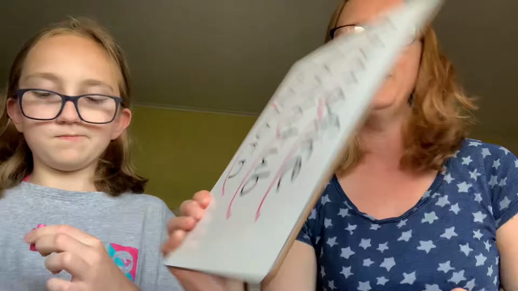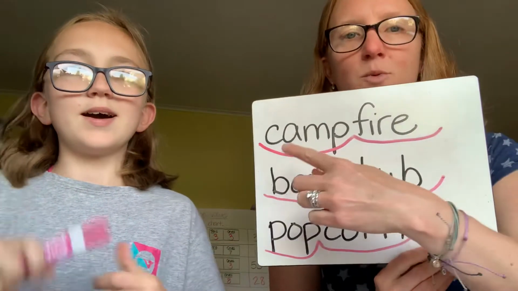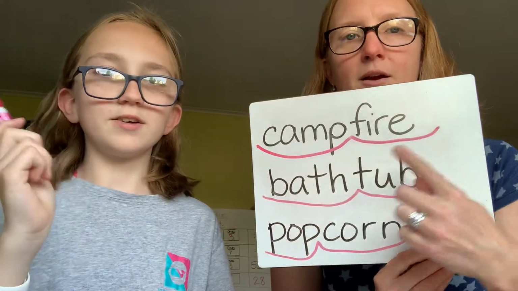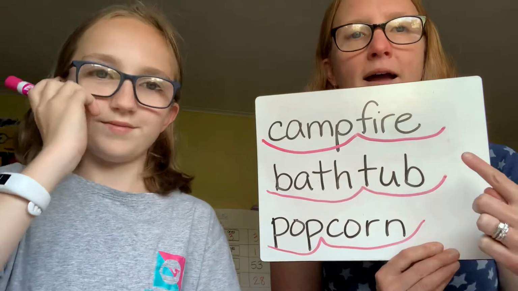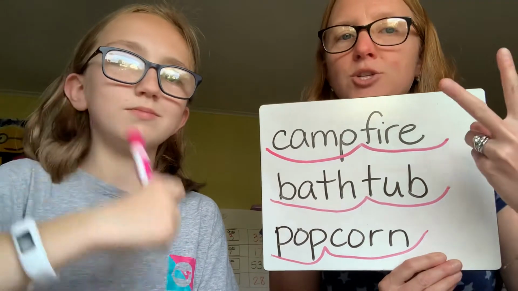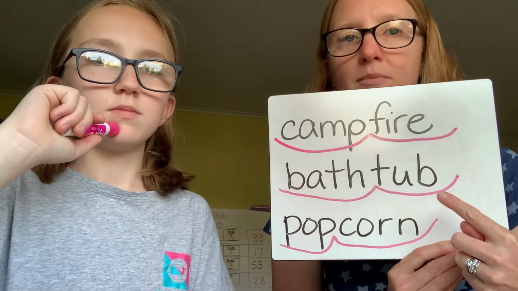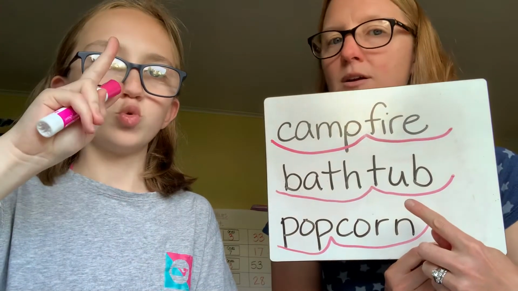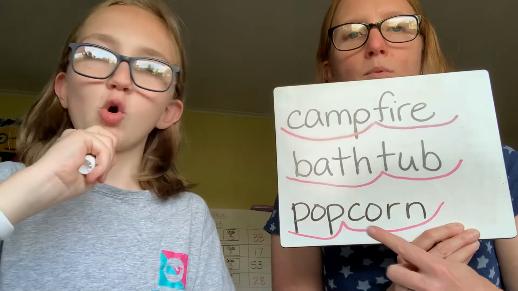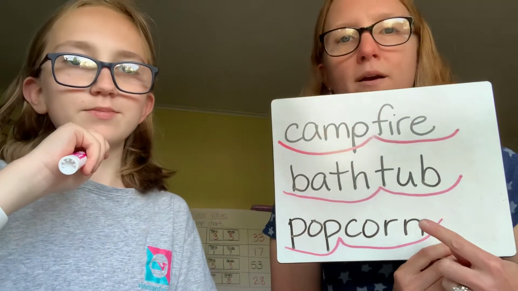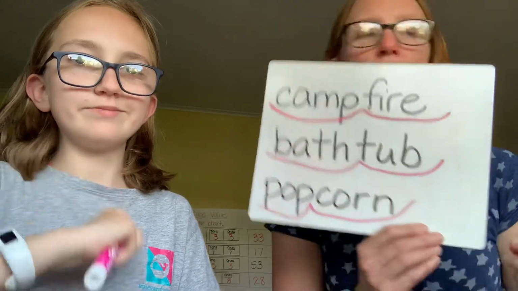All right, Maddie, are you ready? Yep. Okay, can you read that first word for me? Campfire. Campfire. How many syllables, Maddie? 2. 2. Good job. Bathtub. Bathtub. Very good. How many syllables, Maddie? 2. Great. Popcorn. Popcorn. How many syllables, Maddie? 2. 2.